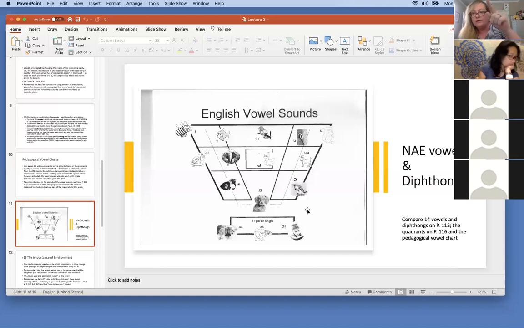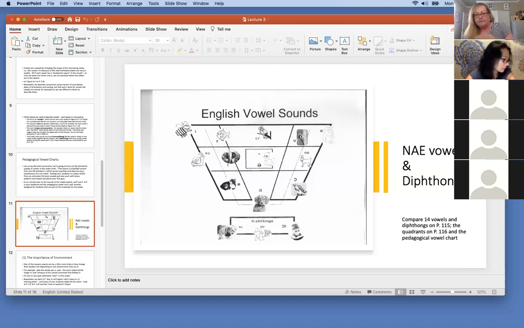You've got more than that on here. Can anyone tell me what's different about what's in the book and what's up on your pedagogical vowel chart? It's not a test. Just go for it. They don't include the schwa and the North American ER. Good. Okay, so the schwa is not listed on the vowel chart in your book.